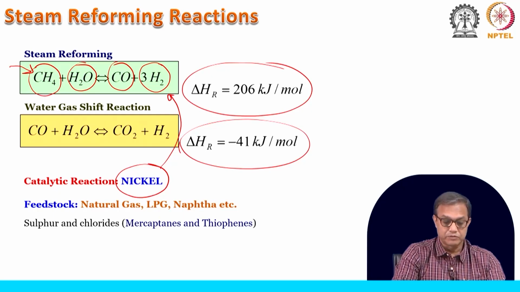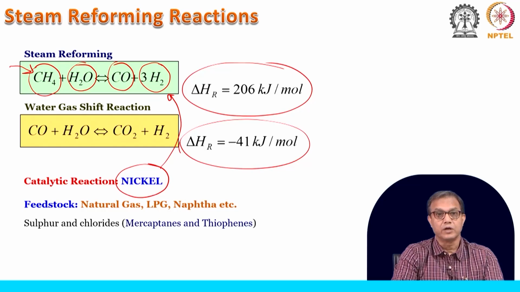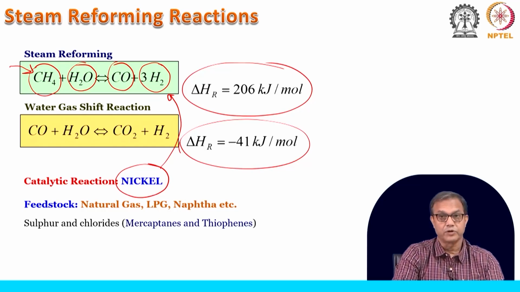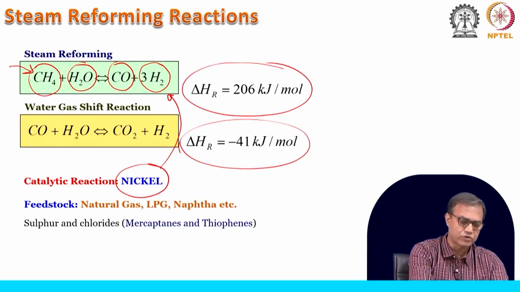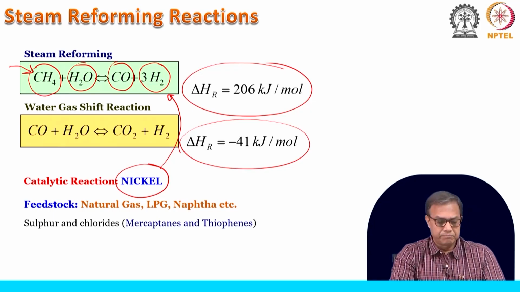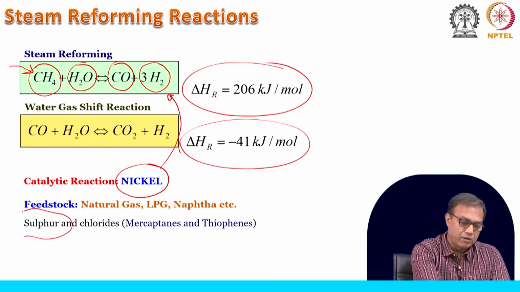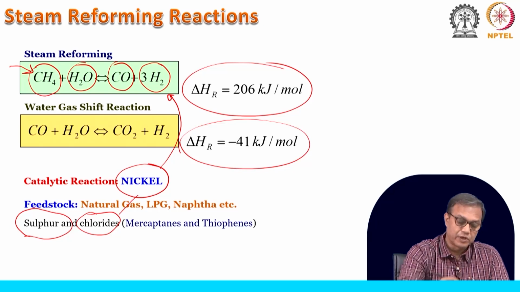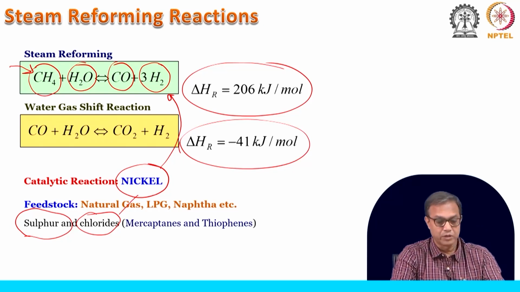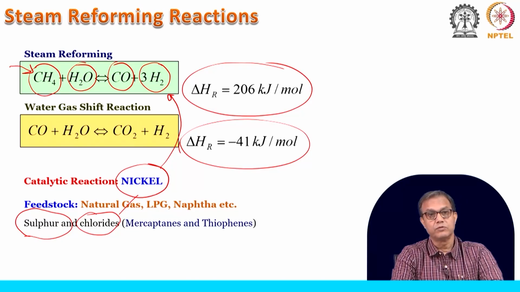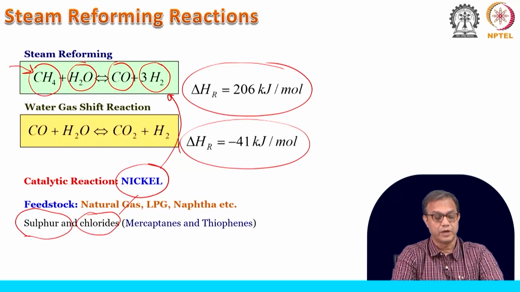Mercaptans and thiophene are the common sulfur contents in this feedstock, and these sulfur or chloride contents are not good for nickel. They are not in good harmony. So, we have to first do the feed treatment; pre-treatment of the feed is necessary before we start the steam reforming reaction.